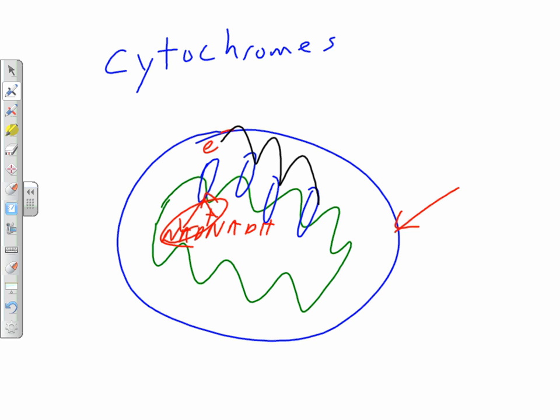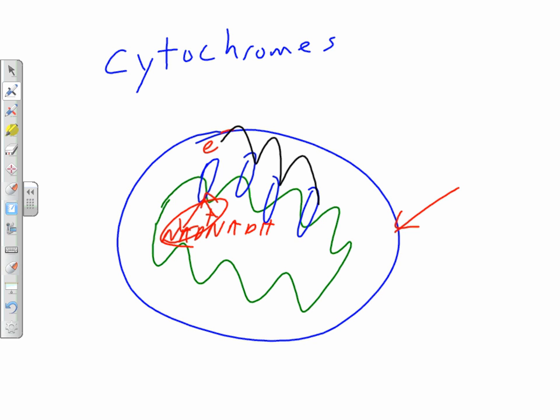The electrons are moving across the electron transport chain. Now here's the thing. As they're moving, what kind of energy do they have? Things that are moving have what kind of energy? Kinetic energy. That energy is used to power these proteins to do their other function.